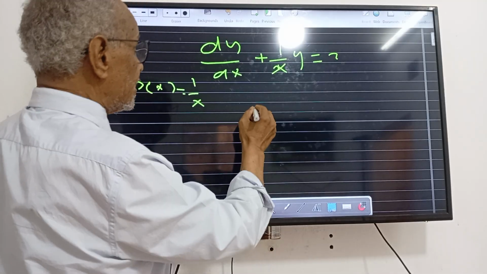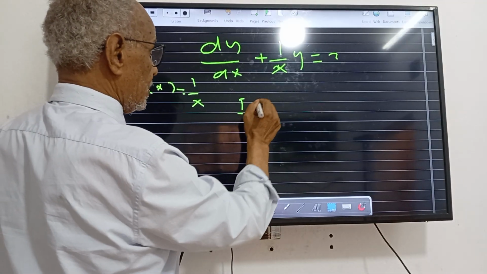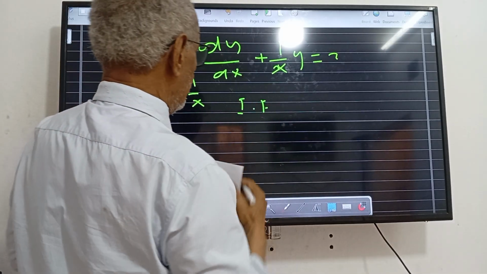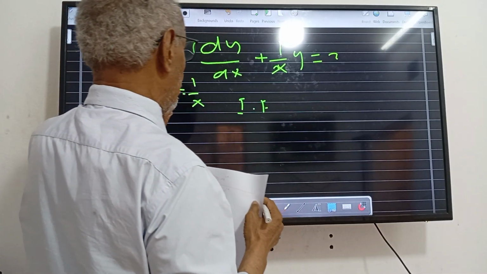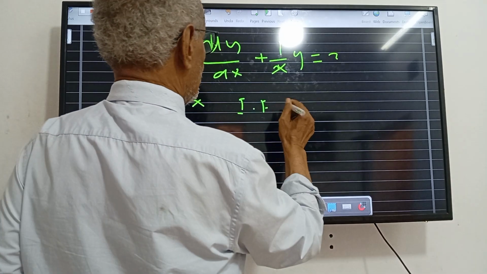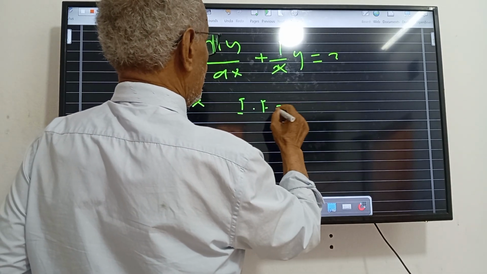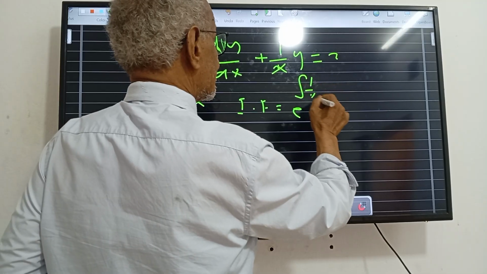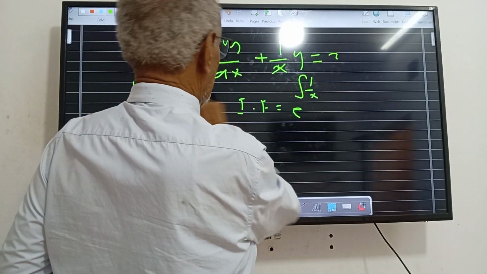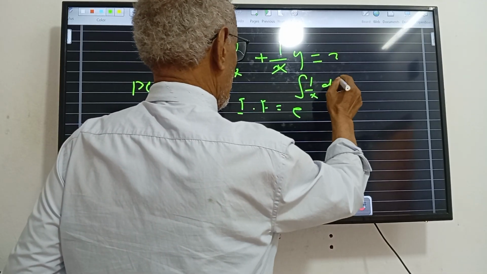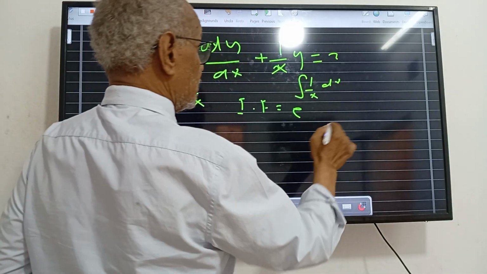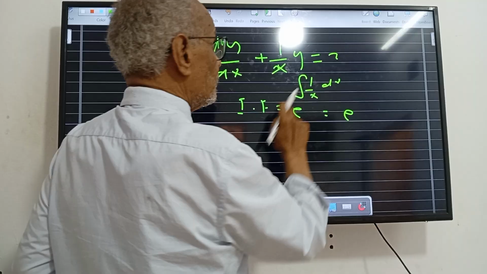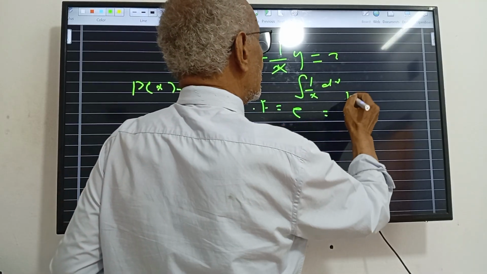Okay, so the integration factor for this differential equation equals e raised to the power of the integral of p of x dx. The integration of 1 over x equals ln of x.